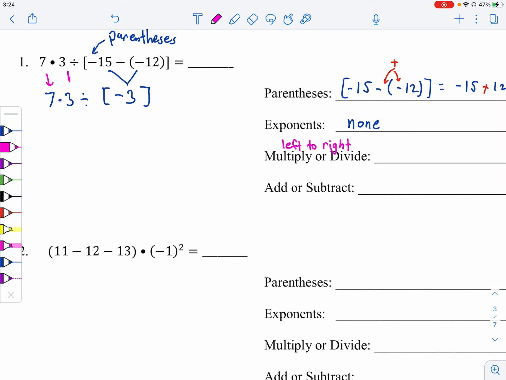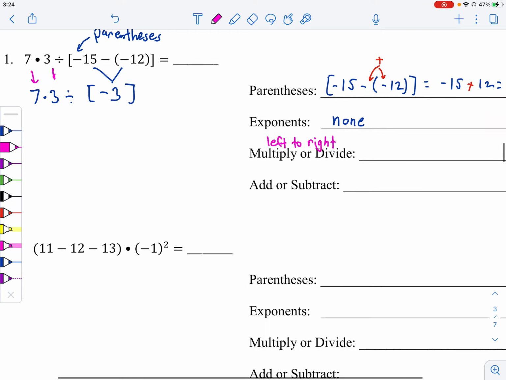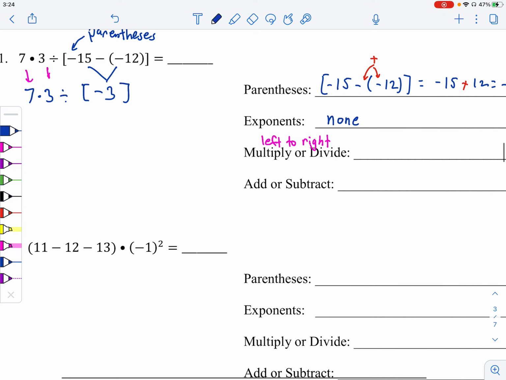Left to right there. So 7 times 3 first, let's put that divide by negative 3. All right, so 7 times 3 is 21. Divided by negative 3 is negative 7.